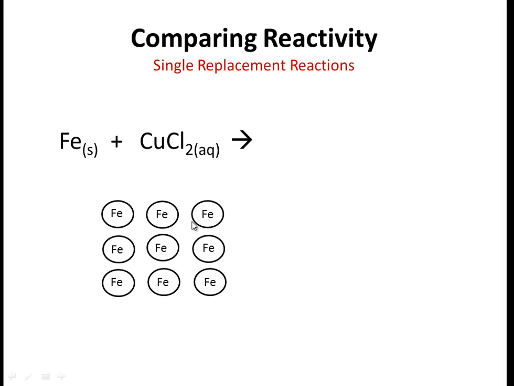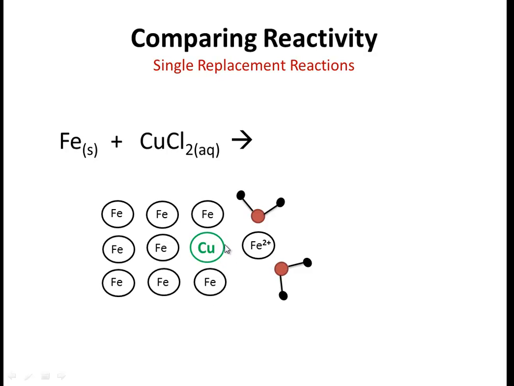What does this look like now? If we think about the nail, I think you remember the nail turned kind of a rust color. Well, that was actually metallic copper that was plating onto the iron nail. So here's what happens. Again, here comes copper with its entourage of waters. We now know that copper is going to win this battle for electrons. So 2 electrons will transfer from iron to copper, and in the process they'll switch places, and copper, now that it's neutral, will plate on the surface of the iron nail.